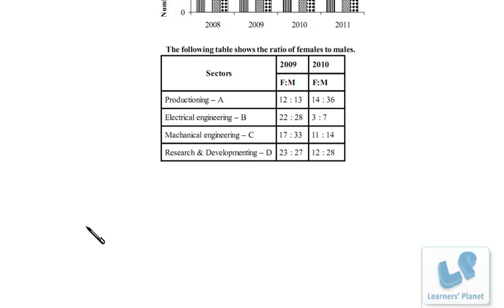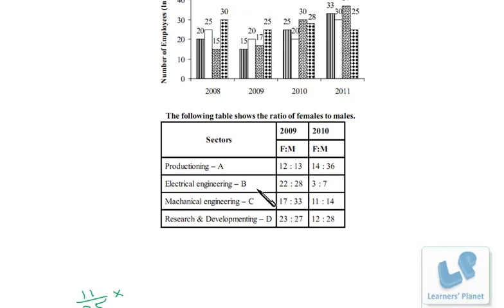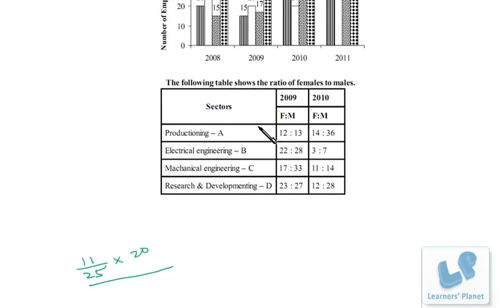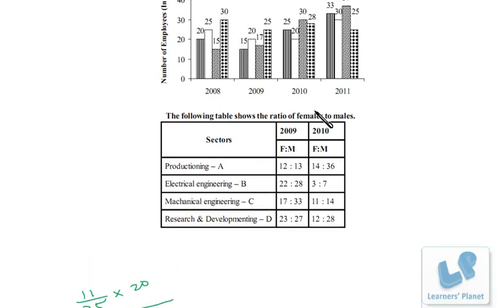So females are 11 is to 14, that means 25. So females are 11 by 25 into total, which is 20,000. That is females in 2009 in electrical, and males in mechanical in the year 2010.